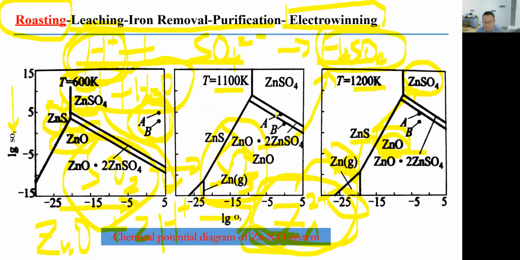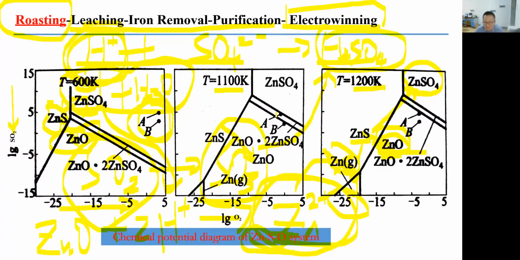Because of this energy released during the oxidation reactions of the concentrate, temperature control is not a big issue. And the gas composition is more or less determined, a common practice in this process.